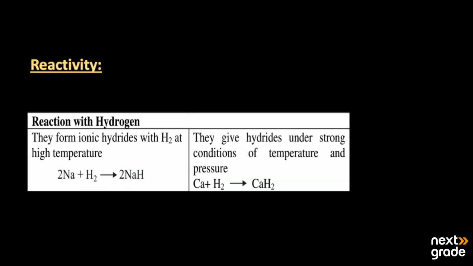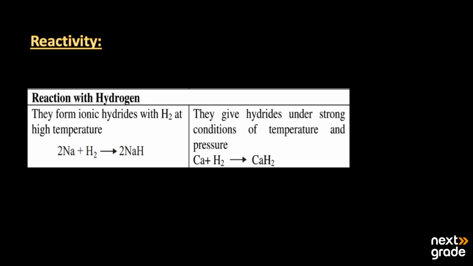The third property is the reaction with hydrogen. They form ionic hydrides. The hydrides of the alkali metals, group 1A, are ionic in nature, and this happens at high temperature.